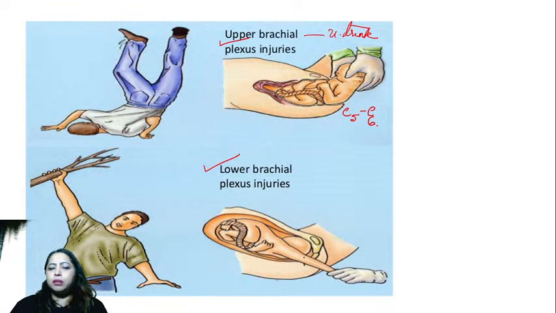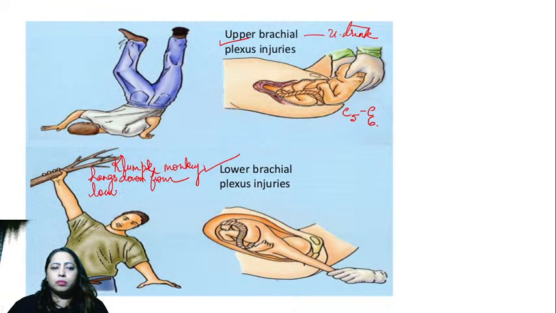Now, remember yesterday I gave you a mnemonic. This is for Abhay Pratap, who just asked me what the mnemonic is. Claw K monkey hangs down from lower trunk of brachial plexus.